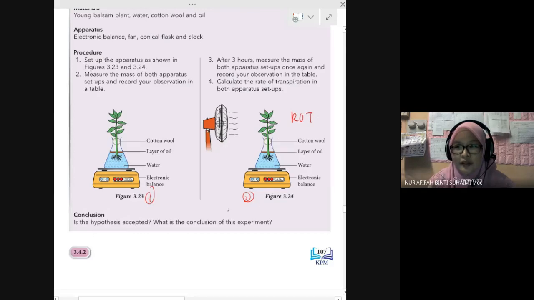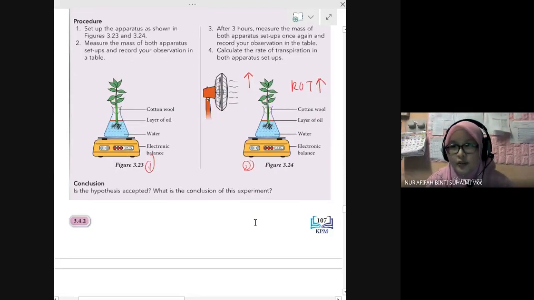It should be figure 3.24. Because the windy situation has higher air movement, the rate of transpiration is also higher. Air movement faster, rate of transpiration also faster. It is like drying clothes, with a fan and without a fan. The place with the fan dries faster. Clothes dry faster when there is a fan, there is wind.